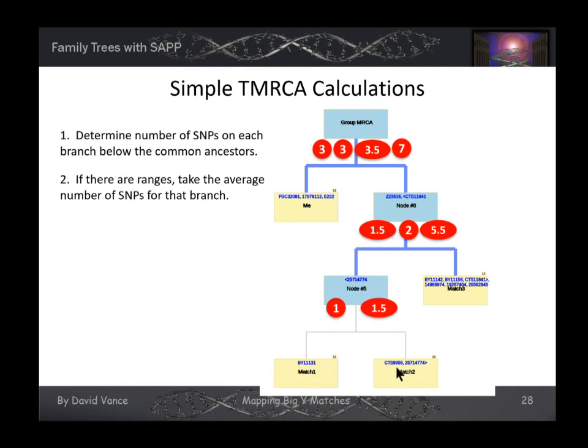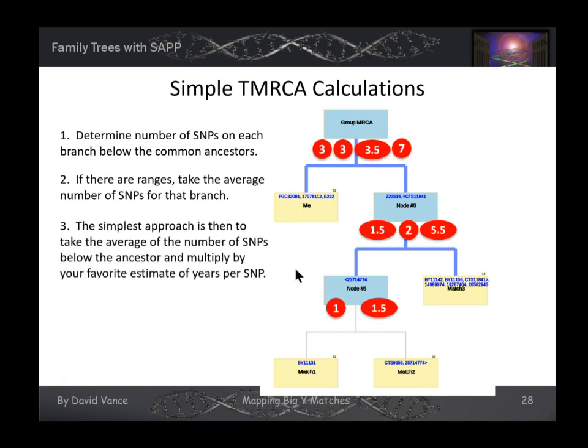But I have 1 here, and then I have either 1 or 2 along this line, so that's an average of 1.5. So I come up with a number for each of the branches below each of these nodes that gives me an average number of SNPs on each branch. The simplest approach is then just to take the average of all these and multiply it by your favorite estimate of years per SNP to come up with a common ancestor estimate.